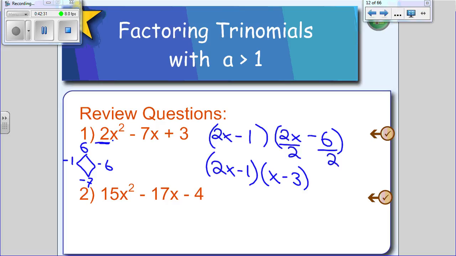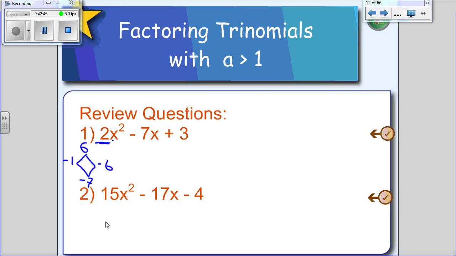What you guys do instead is you look at your diamond here, and you try to figure out which one of these sides of the diamond can be divided by my A value. Can 1 be divided by 2? No. Can negative 6 be divided by 2? It definitely can. So what you guys do is you should write something like that.